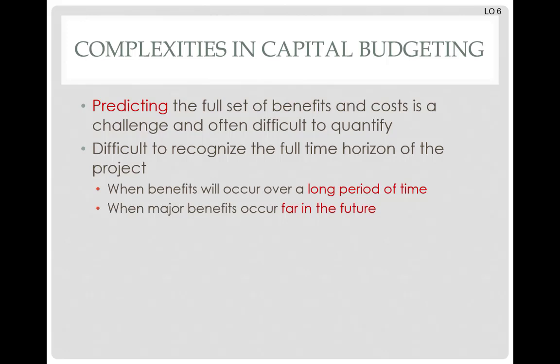And if you're going to get benefits or costs over a long period of time, that becomes quite challenging. It also becomes difficult where major benefits are going to happen far in the future. And let's say you were developing a new drug. You might spend a lot of money today and over the next few years, but you might not see any profit or cash inflow for 10 years. And that becomes very challenging when you're thinking about, well, how do you then model that over the next few years?